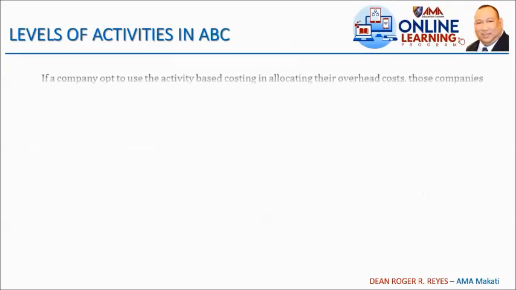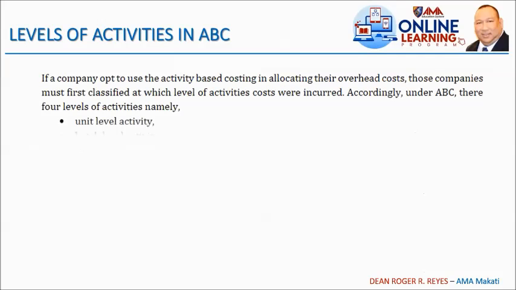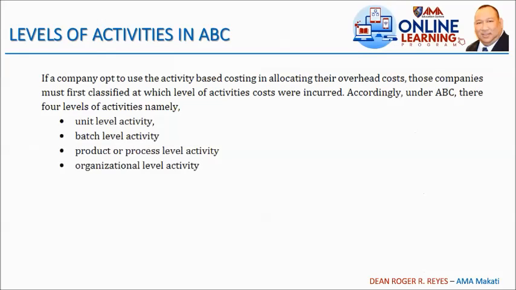So there are levels of activities in ABC. When I say ABC, this is activity-based costing. If a company opts to use activity-based costing in allocating their overhead costs, those companies must first classify at which level of activities costs were incurred.